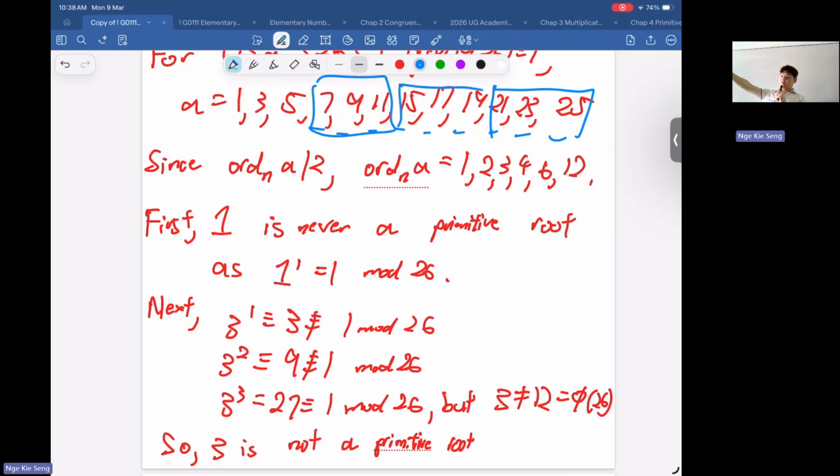Okay, maybe the first row will check 5 to 11, and then here we'll check 15 to 19, and then the other one will check 21 to 25. Okay, let's spend 3 minutes to compute this. See which one of them is a primitive root.